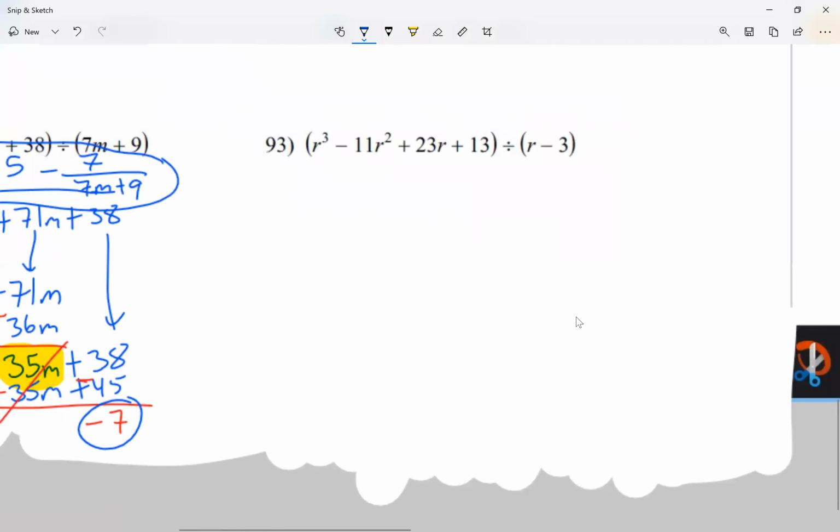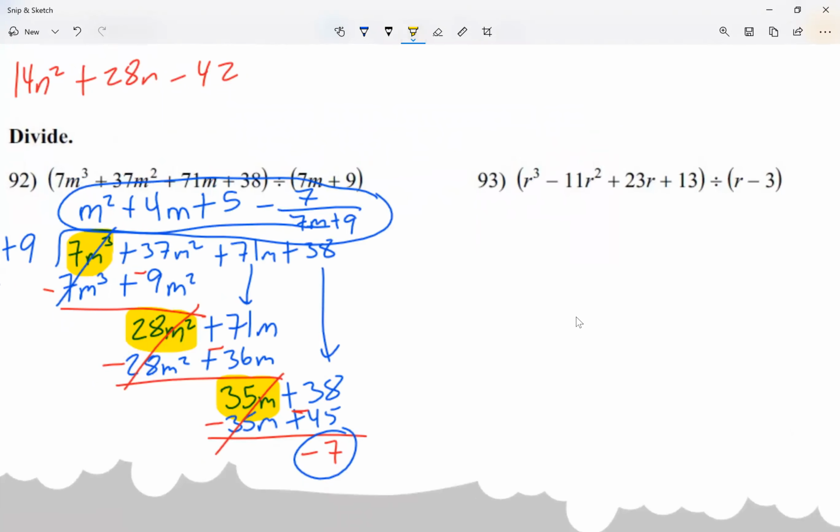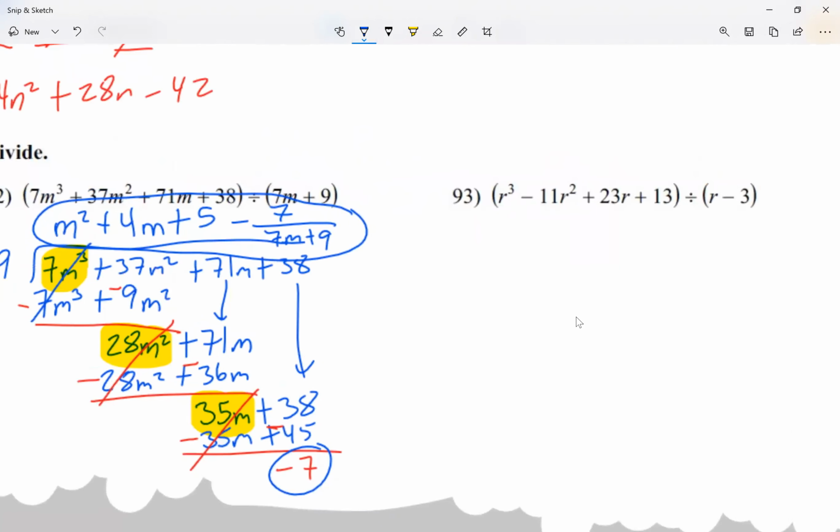I cannot use that in 92 because the number in front of the m in my parentheses is not a 1, right? I can only do synthetic division when the number from the letter is a 1. So I can do that here. I'm just going to write a -3 here. Actually, a +3 here.